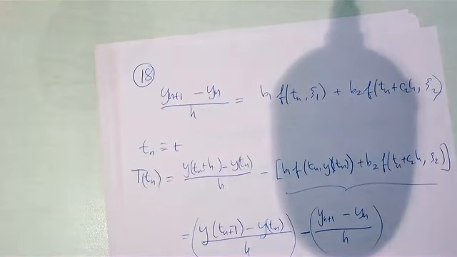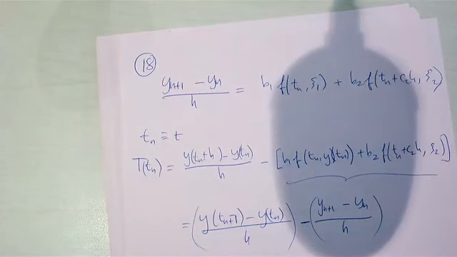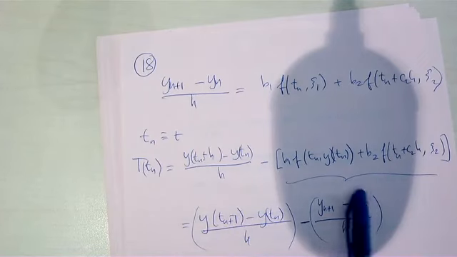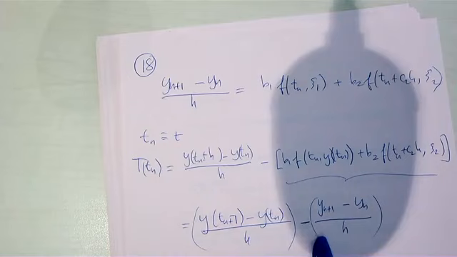Right? So you see that in the local truncation error, this one is like the exact derivative when h goes to 0, and this one is your numerical derivative, because y_{n+1} minus y_n is the numerical solution of the ODE by the method.